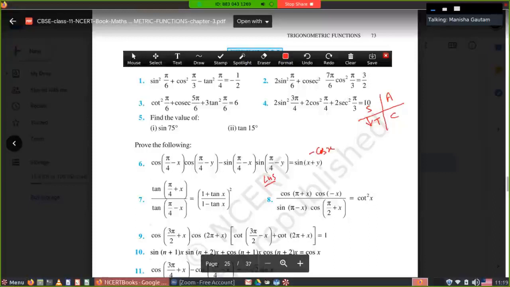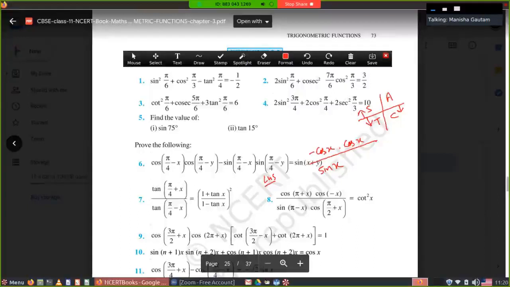No change in trigonometric function, cos will be cos, and in the third quadrant there will be a negative sign. Cos of minus x is in the fourth quadrant, which means positive cos x as it is. Sine of 180 minus x is in the second quadrant, so it will be positive, and sine remains sine.